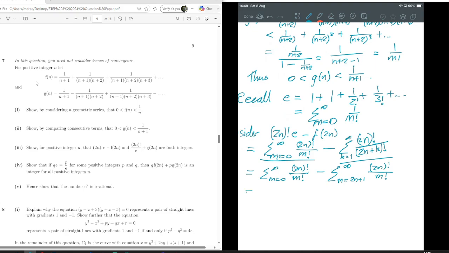When I subtract these sums, I'm just losing all of the later terms. This is the sum from m equals 0 up to 2n over m factorial. And now this is going to cancel out. Every single one of these cancels nicely.